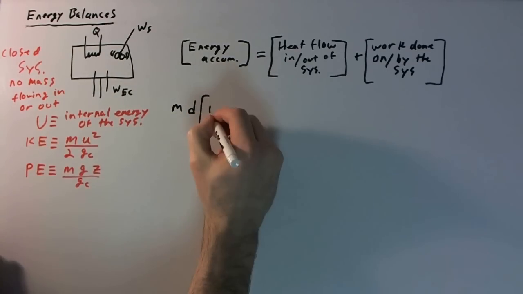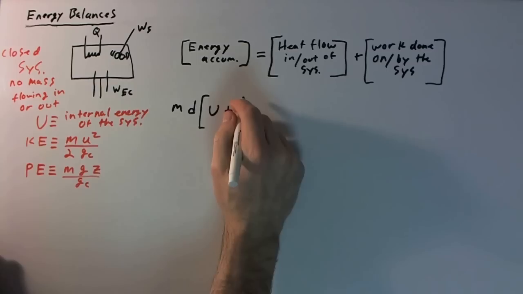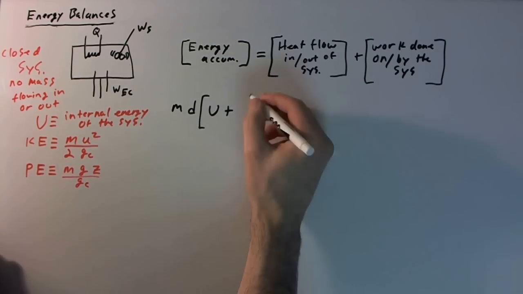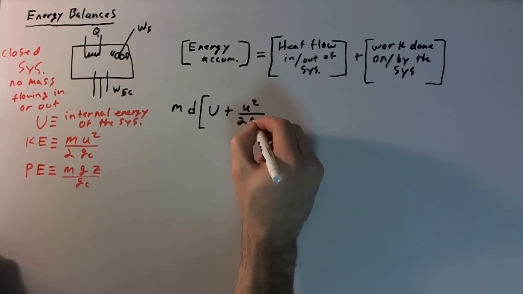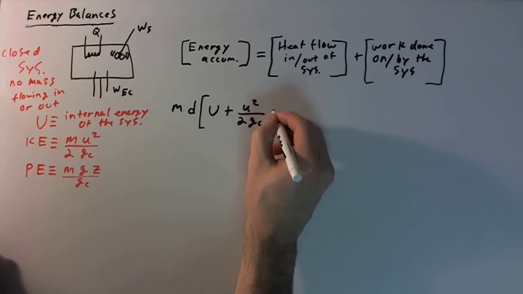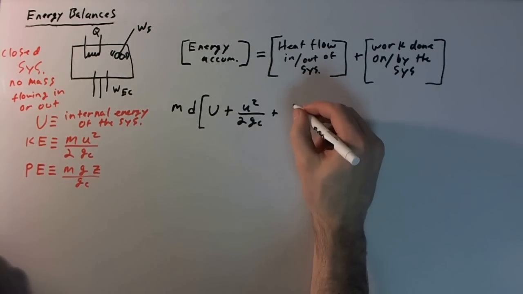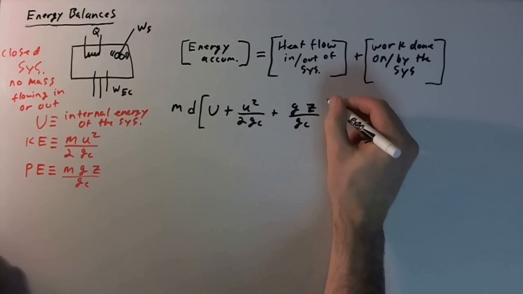So that's u plus u squared over 2 times the gravitational constant, plus the potential, which is just gravity times z over the gravitational constant.